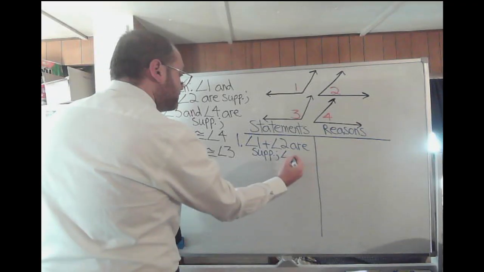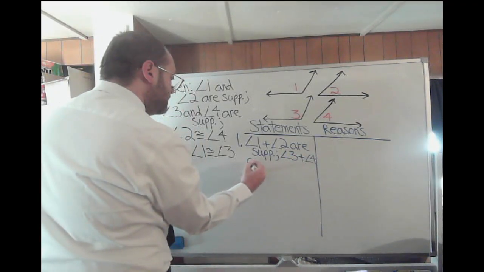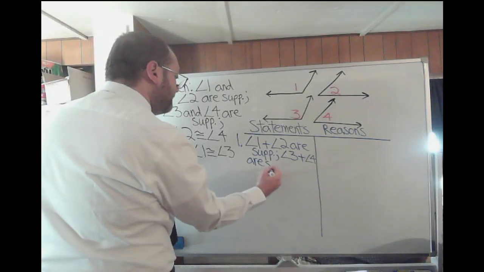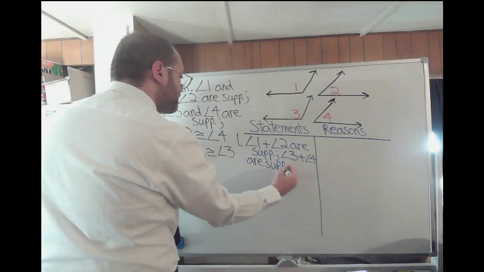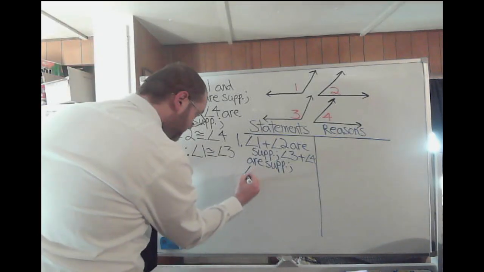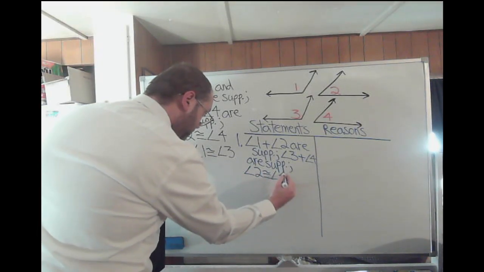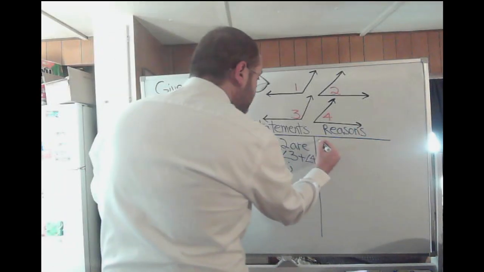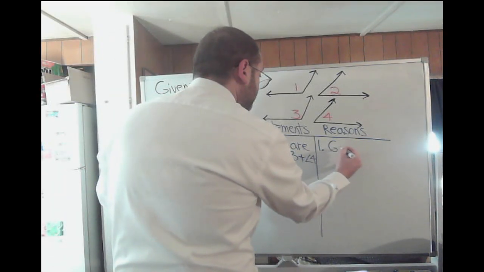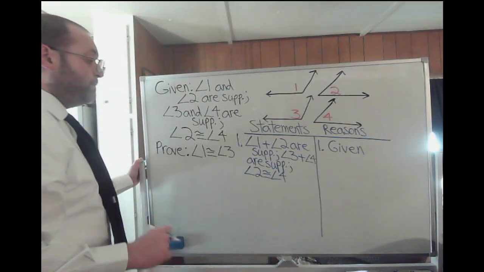What else? Angle 3 and angle 4 are supplementary. What else were we given? We were also given that angle 2 is congruent to angle 4. We could put the whole given statement here, and reason 1 obviously is it was given to us. So we have to go from there now.